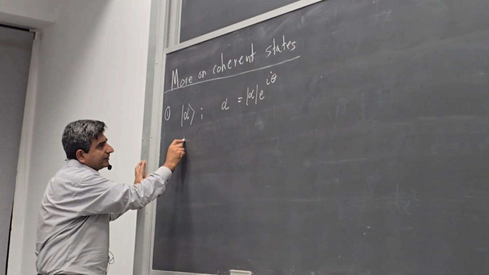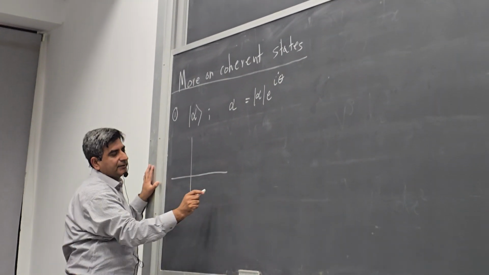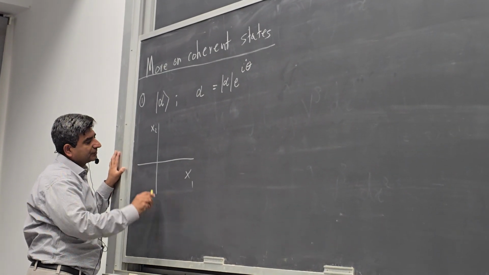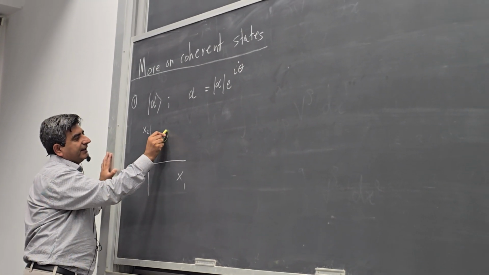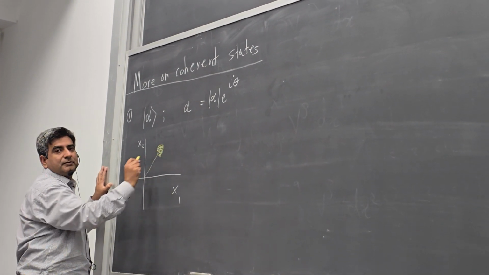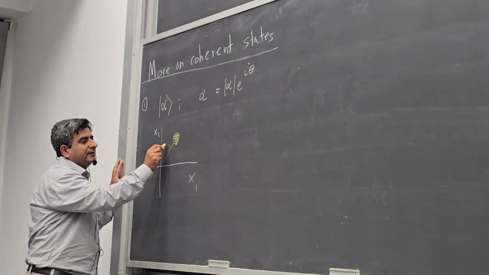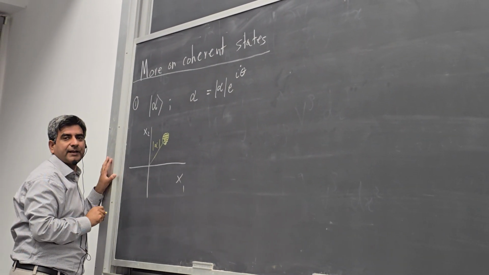If you plot this on a field quadrature diagram, this is x1, this is x2. We know that this coherent state is a circular blob on the field quadrature phase space, and this length is alpha.